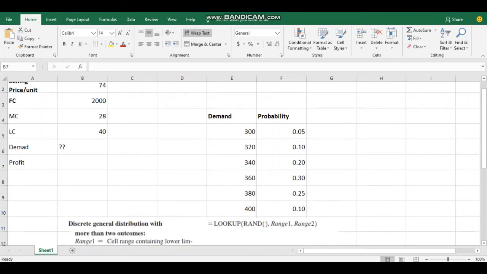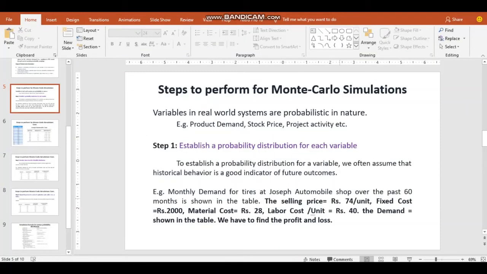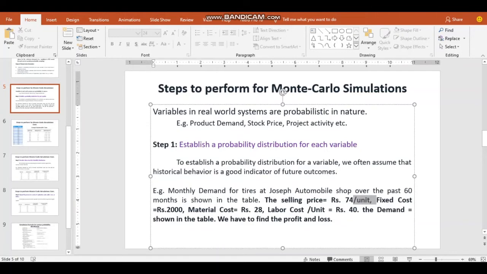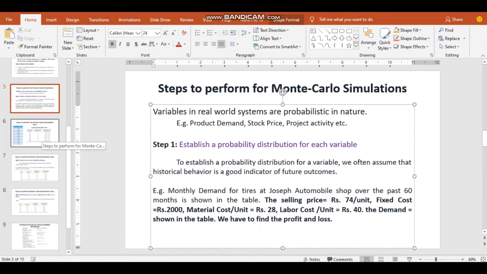Yes, this was the data. So we saw that selling price was 74, fixed cost was 2000, material cost per unit is 28, and labor cost per unit is 40. The demand is what we have to simulate.